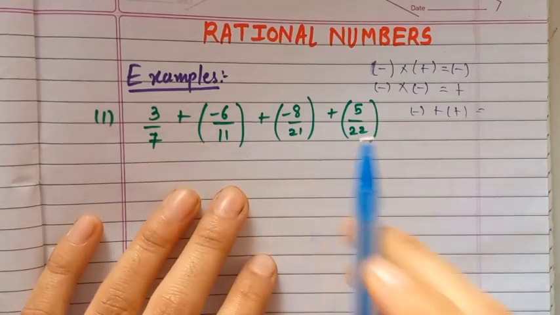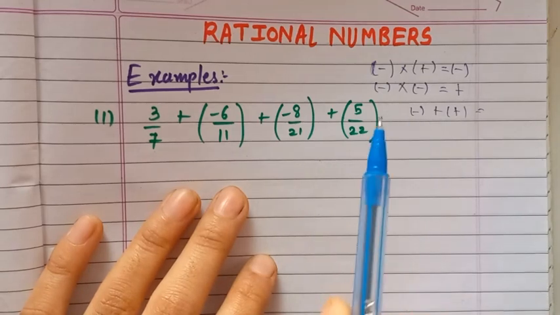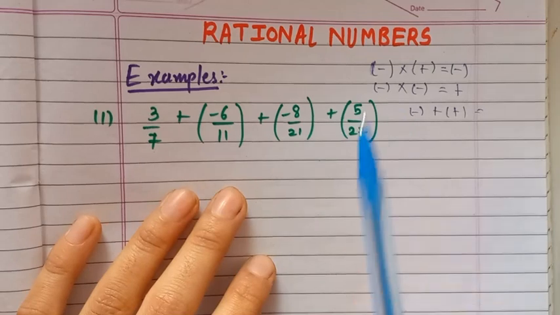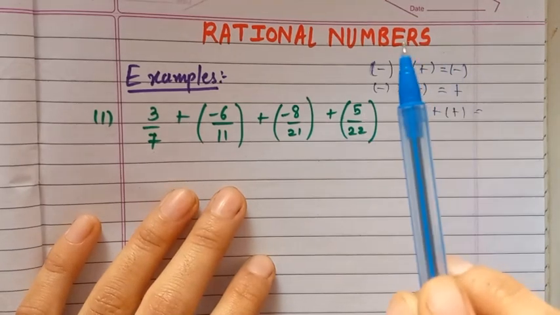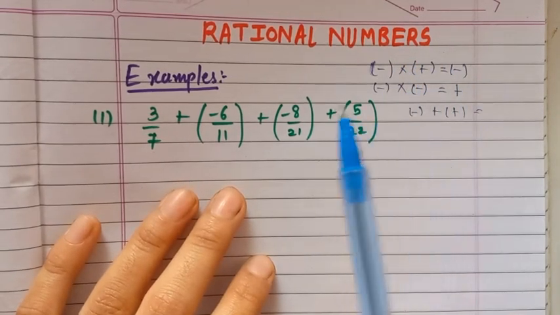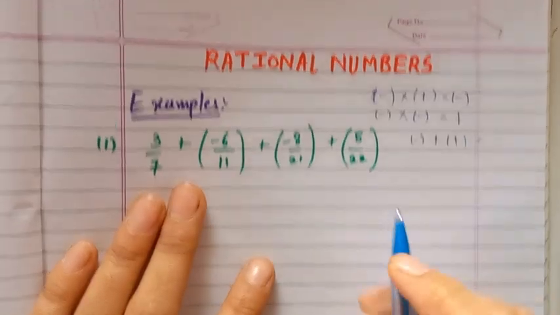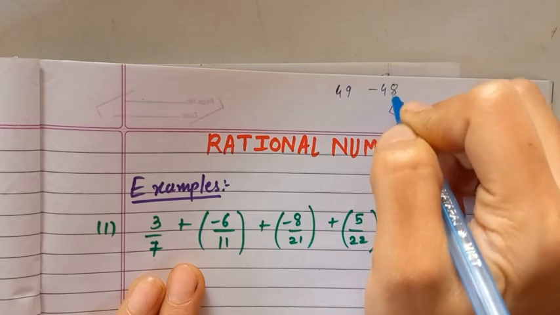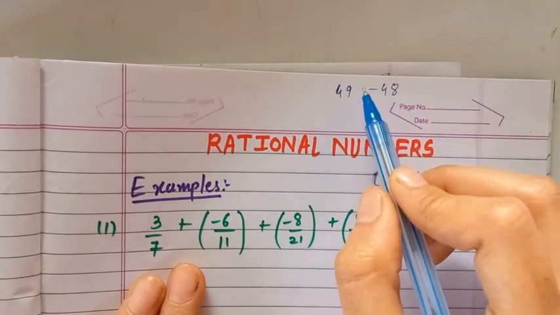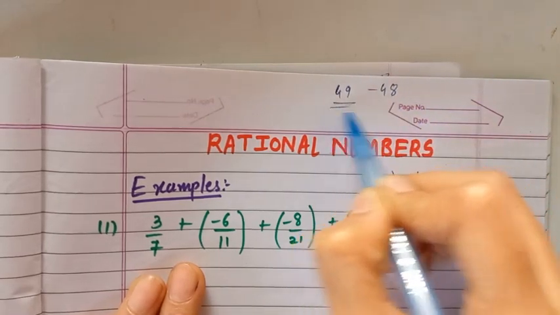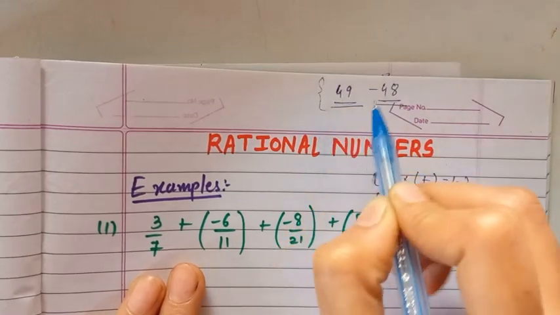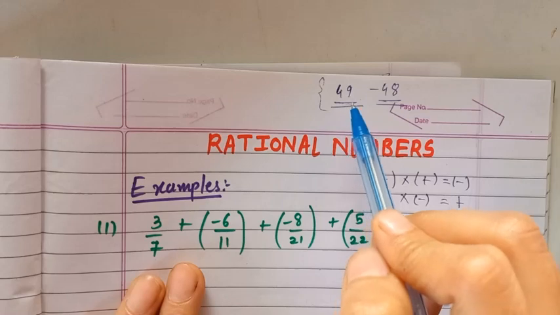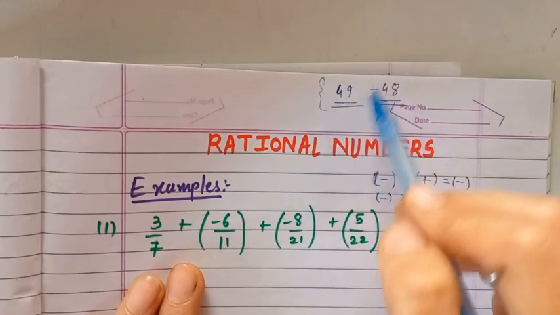Whenever I say digit, you have to see only the number without any sign. As an example, I write 49 and minus 48. If I ask which is the bigger digit, the bigger digit is 49. You have to see only digits.